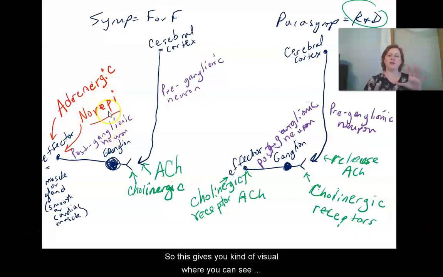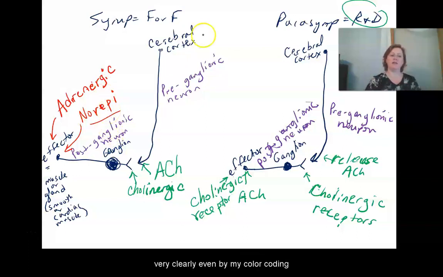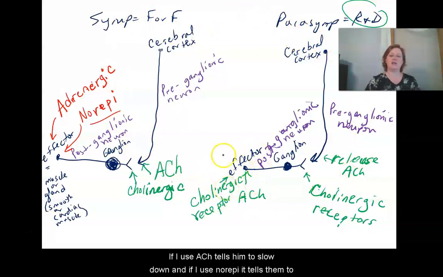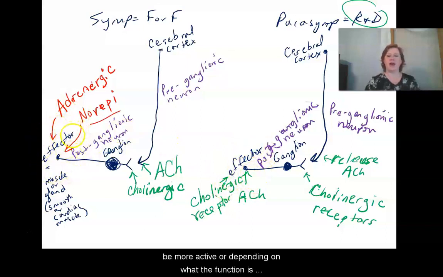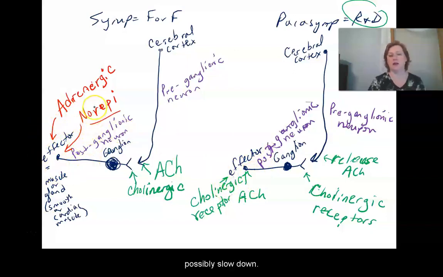So this gives you kind of a visual where you can see very clearly, even by my color coding, that everything up here is the same. It's only different when we get to the effector. If I use ACH, it tells them to slow down. And if I use norepi, it tells them to be more active, or, depending on what the function is, possibly slow down.